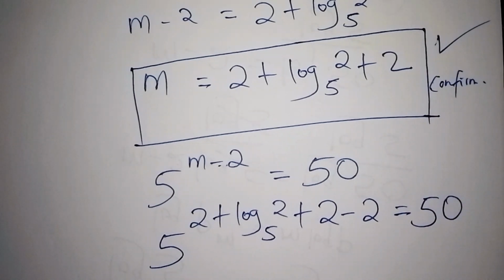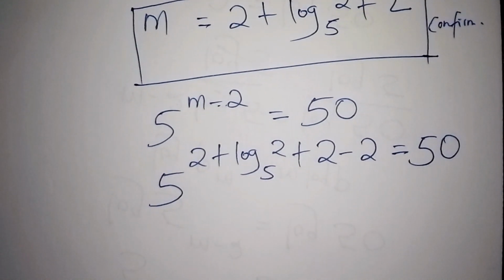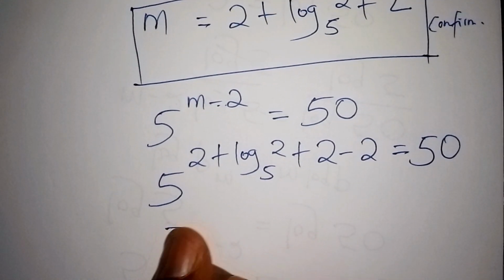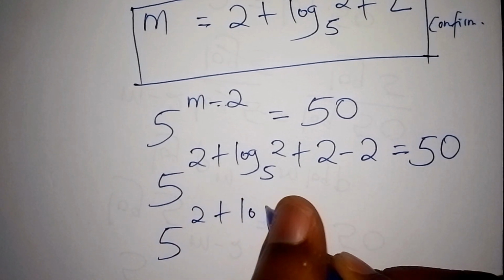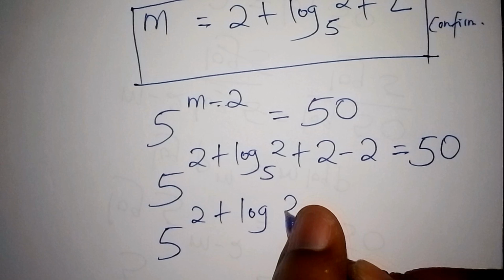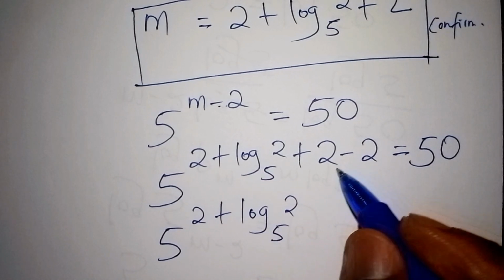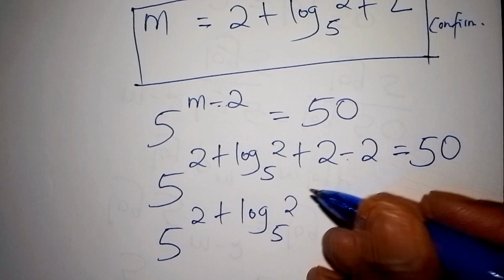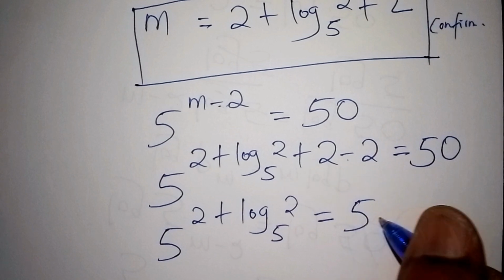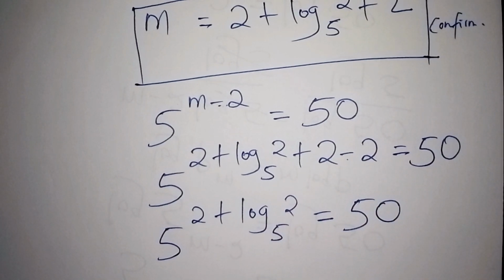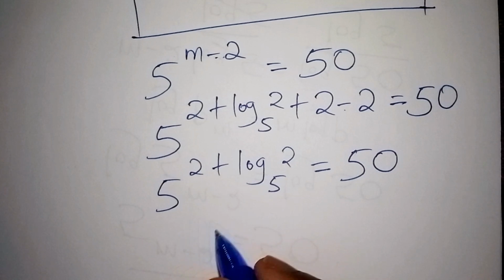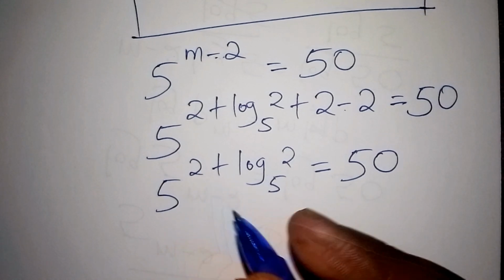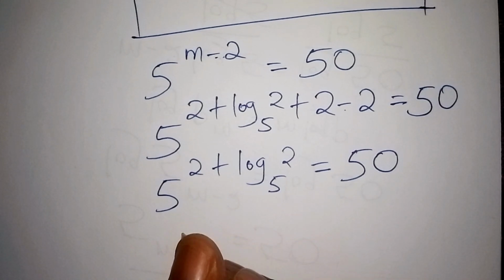So let's rearrange it properly by having 5 to the power of 2 plus the log of 2 to the base of 5. Then 2 minus 2 is 0, so we don't need to write anything. It's equal to 50. So 5 to the power of 2 is 5 multiplied by 5, and that is 25.